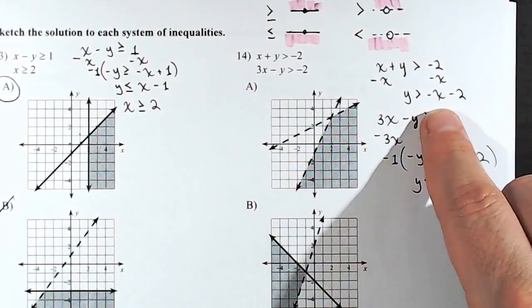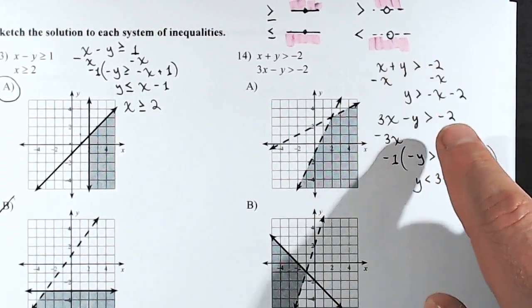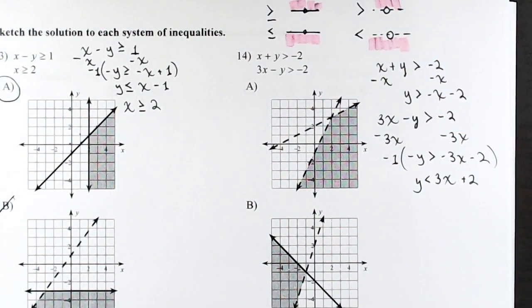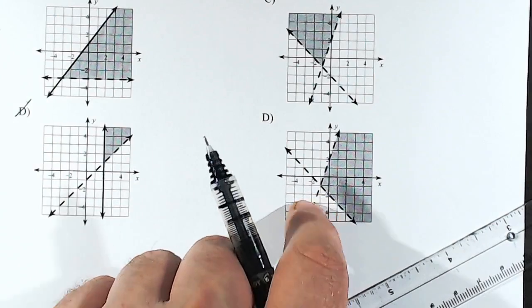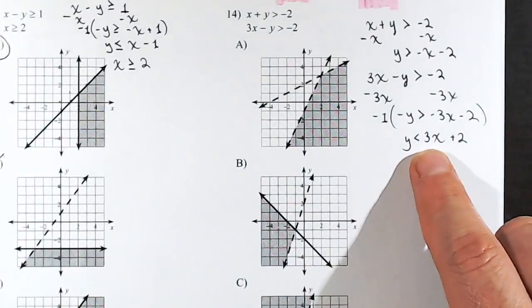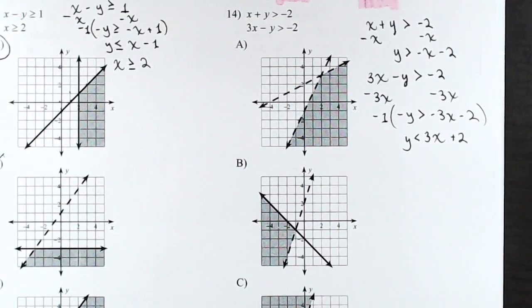I'm looking for a negatively sloped line with a y-intercept at -2 shaded above. Here down here I've got a negatively sloped line with a y-intercept at -2 shaded above. And then in the second one, I'm looking for a positively sloped line, y-intercept at +2 shaded below.